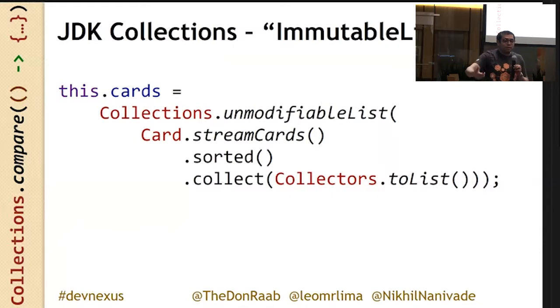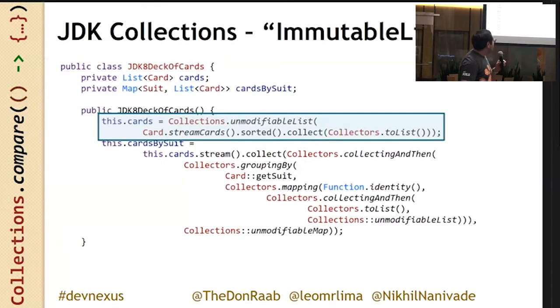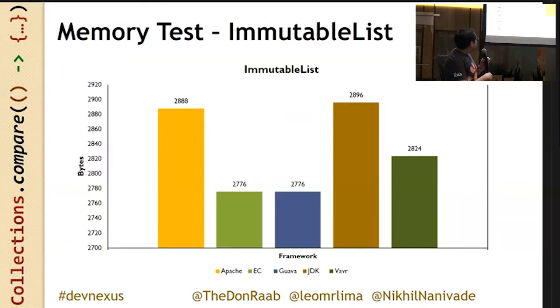Then equals, contains, basically all the operations become faster, and the memory footprint is smaller as well. There are a few optimizations which most libraries end up doing. However, since you're using an unmodifiable list, it never gets compressed. That's why you see this memory footprint for the JDK.